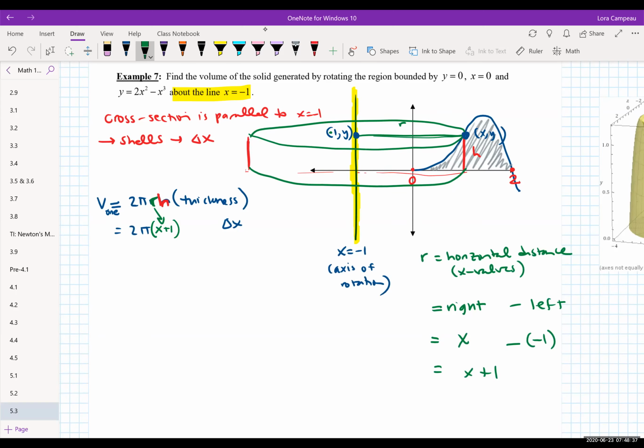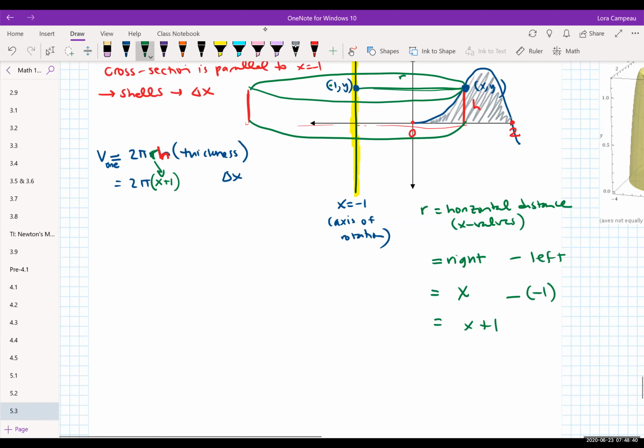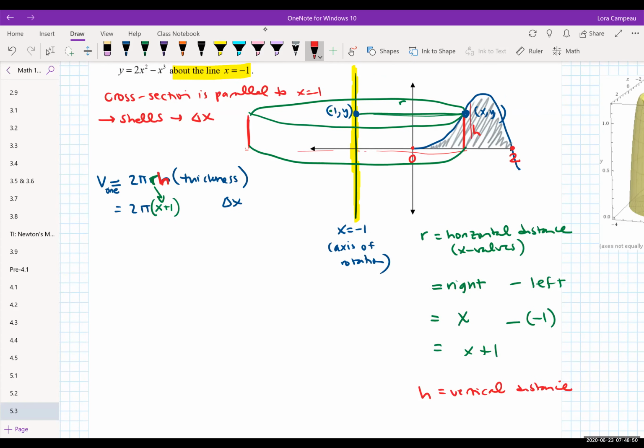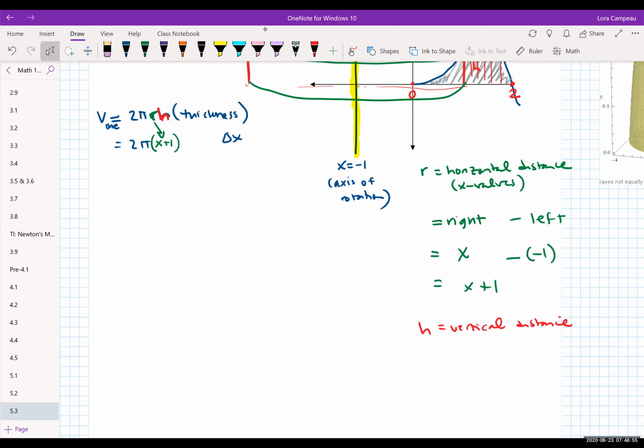Now height. Look at this one more time. Height is a vertical distance. The height's varying according to the curve. So we're pretty good that the height is going to use the y value.